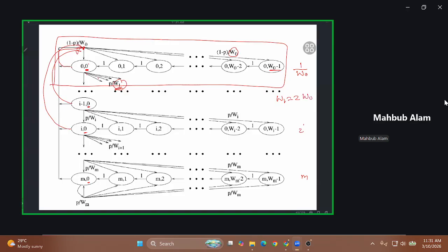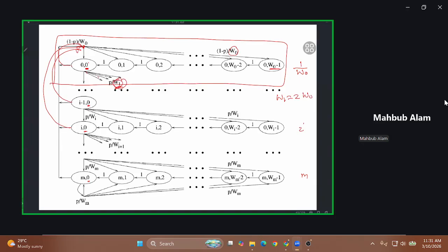The backoff window size is doubled, and one of the backoff window values is randomly chosen. This occurs with probability P, because a collision occurs with probability P, and the station has to choose one of the slots from this backoff stage. Or with probability 1 minus P, a success occurs, and the station again chooses a backoff slot in between 0 to W0 minus 1.